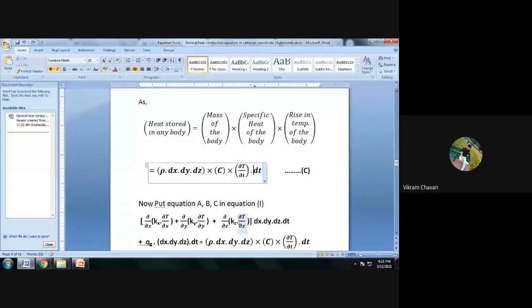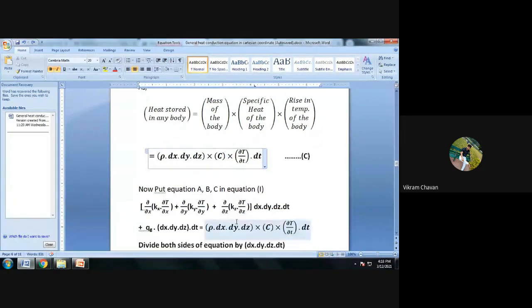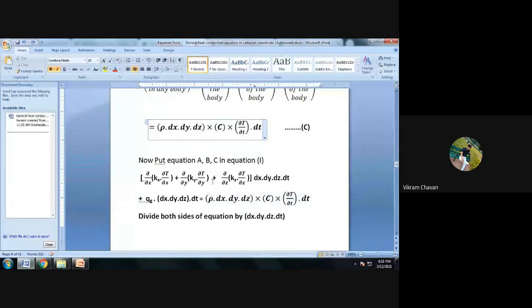Now we have combined all three parts of the energy balance equation, and we come to know that dx, dy, dz and dt are common in all three parts of the equation. So we have divided both sides of the equation by dx, dy, dz multiplied by dt.